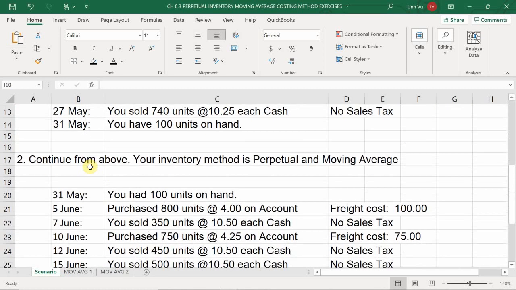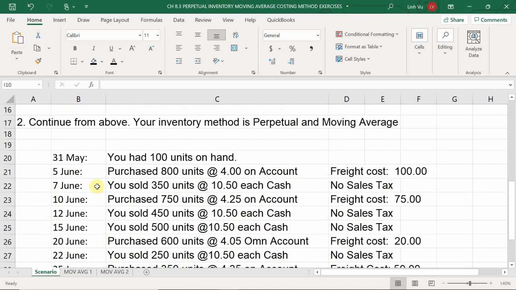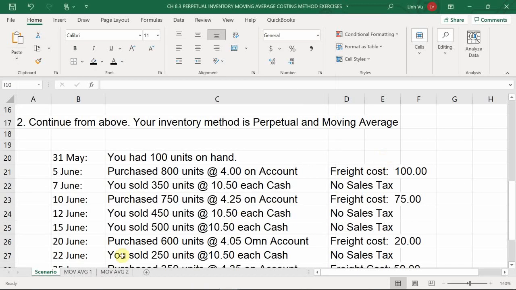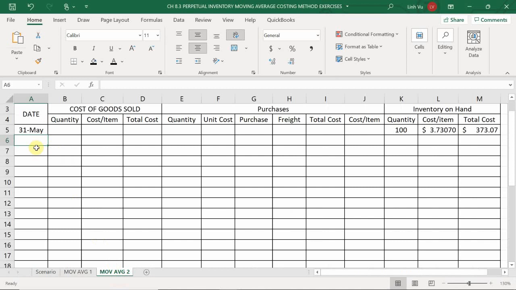All right, let's take a look at the next scenario. June 5th, you purchased 800 units at $4 each, with the freight costing $100. So it is June 5th. We purchased 800 units at $4 each, with a freight of 100.